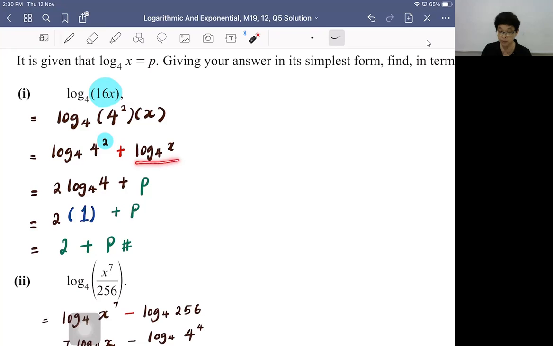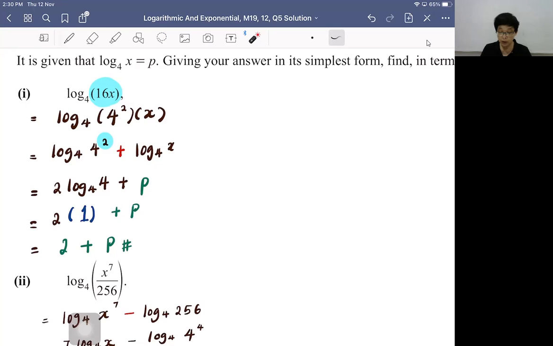And for the other term, we know that it is already the term that was given to us, which is p. Therefore, without much difficulty, we can just substitute p in for log base 4 of x, and we have obtained the term in p in that position.